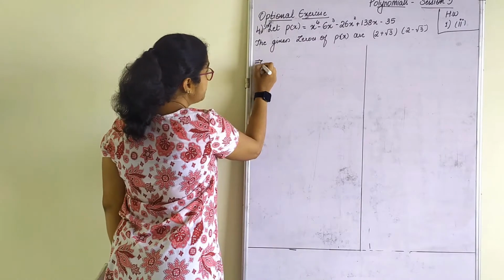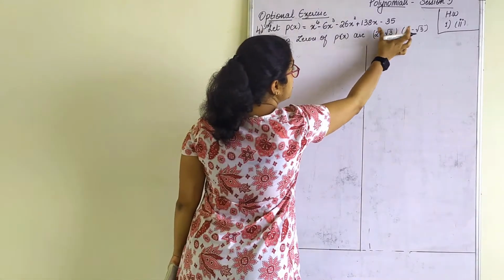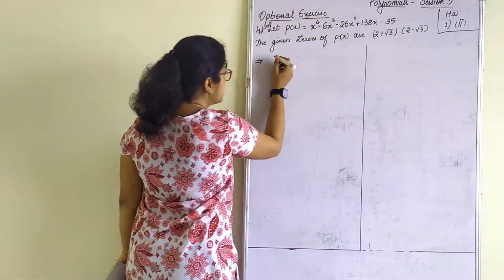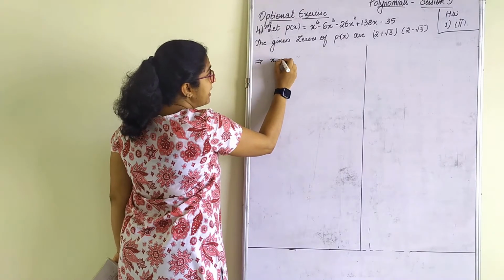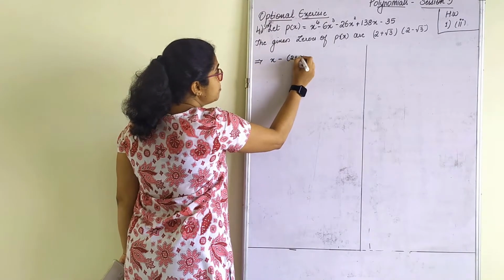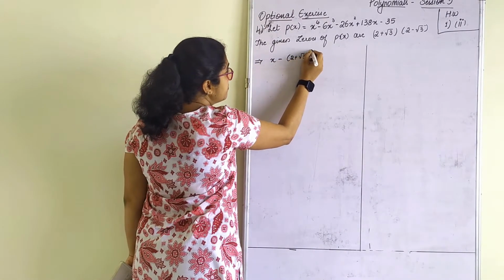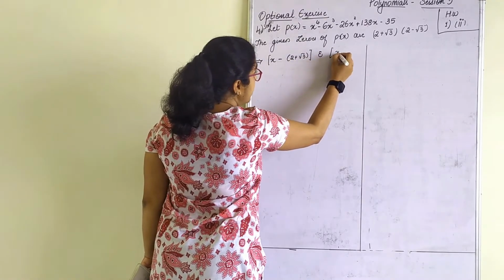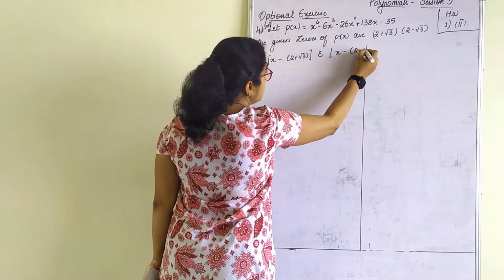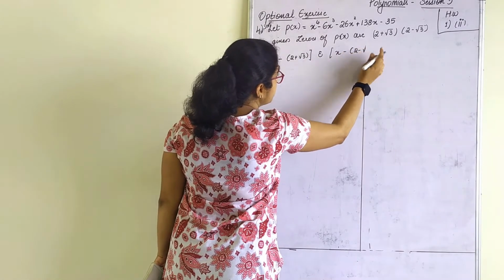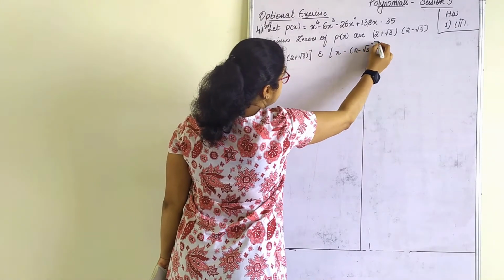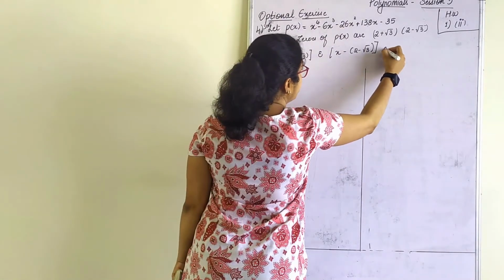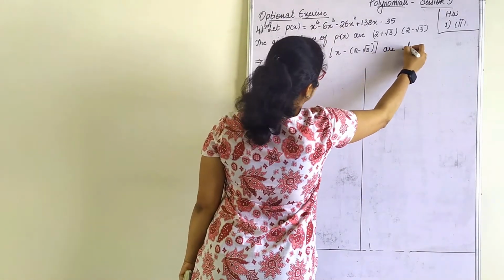This implies, now see here, both are plus, only this part is minus. This implies x minus 2 plus root 3 and x minus 2 minus root 3 are its factors.